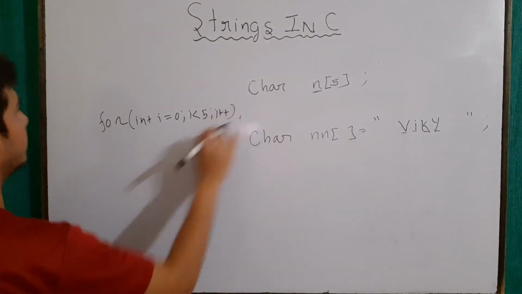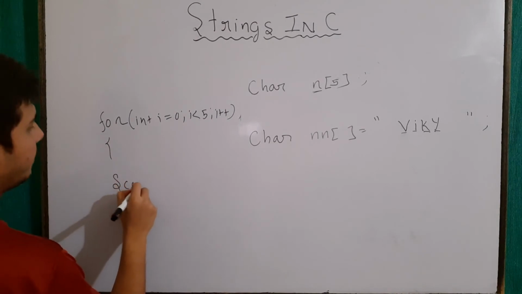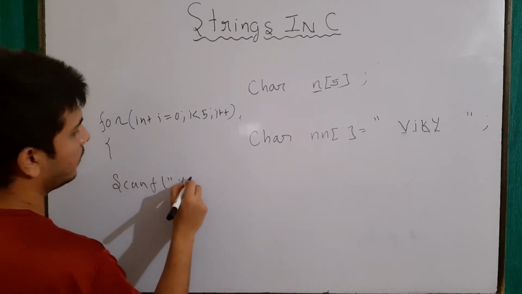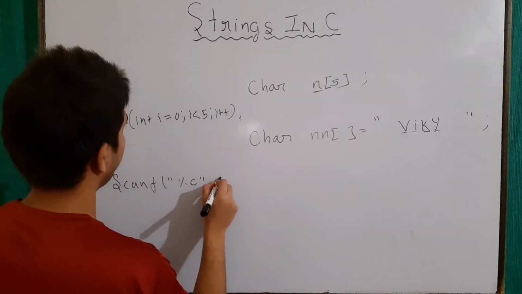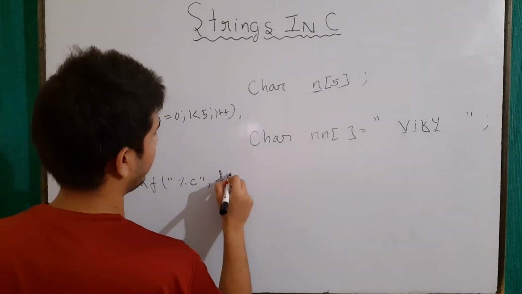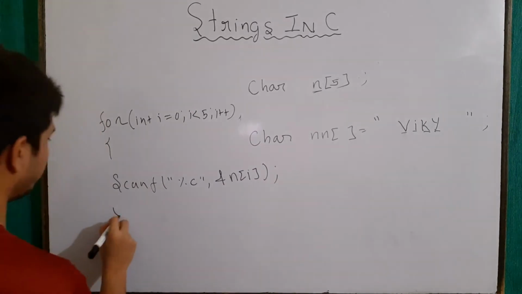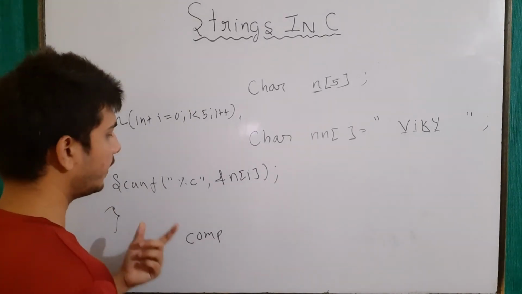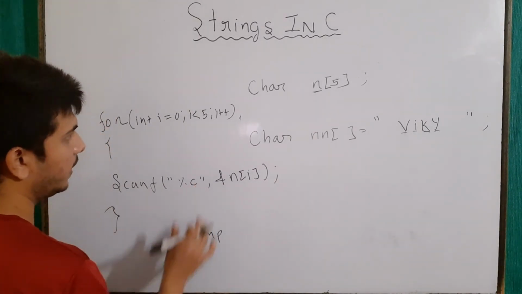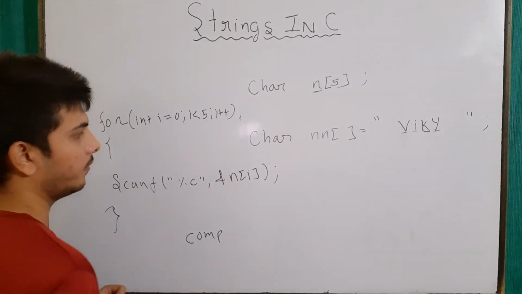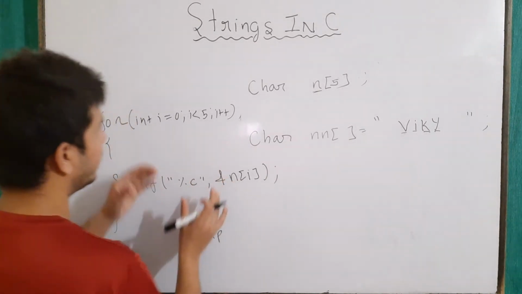Then inside here I will write scanf of %c and the array at index i. That's all. Now why it is not a good way is because it will take input one by one. Let's say this loop is running.